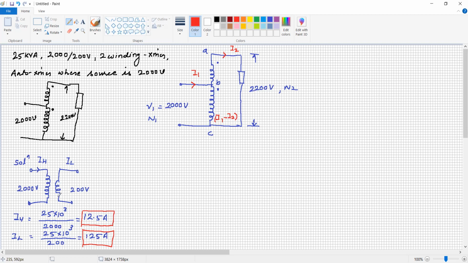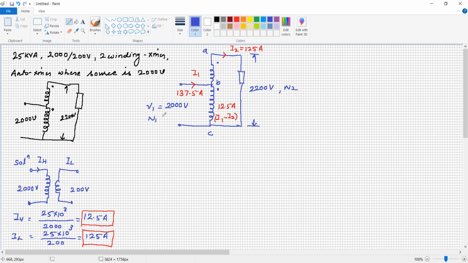The current in the LV winding is 125 ampere, whereas the current in the HV winding is 12.5 ampere, and they are opposite. So the total current will be 137.5 ampere, the total current of the auto transformer.